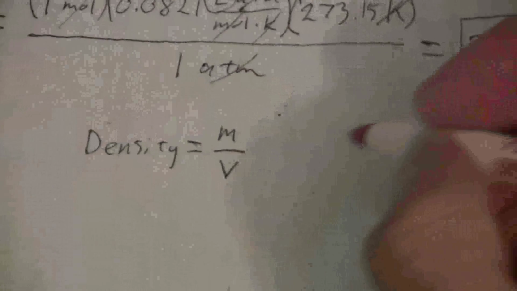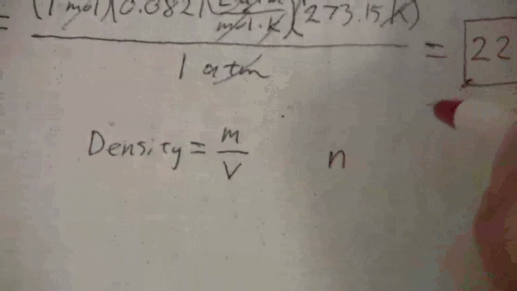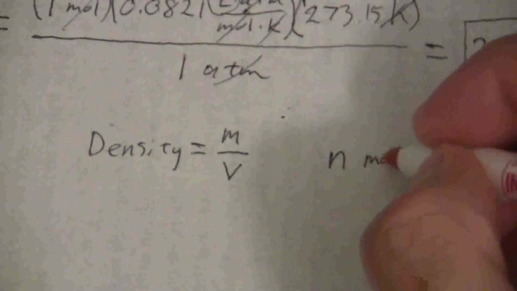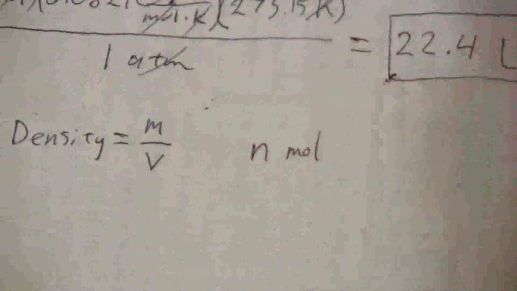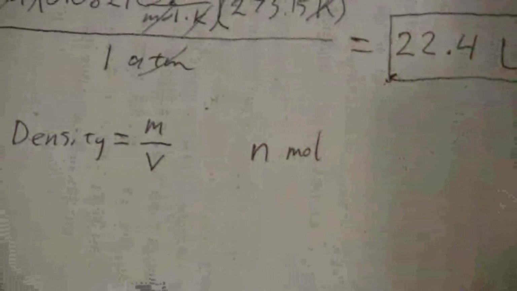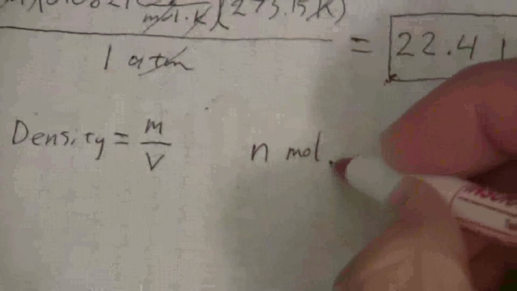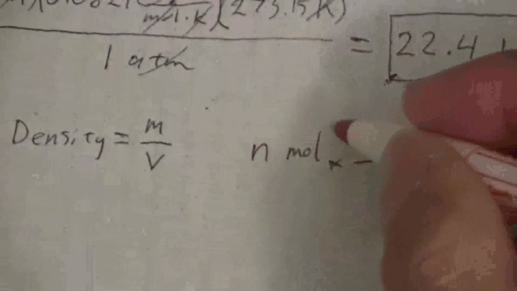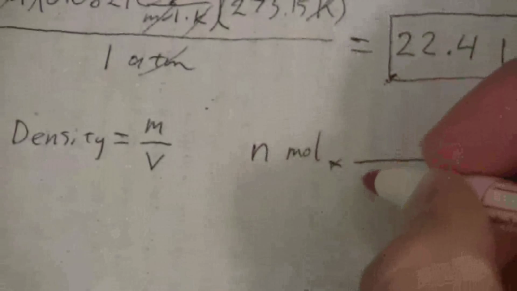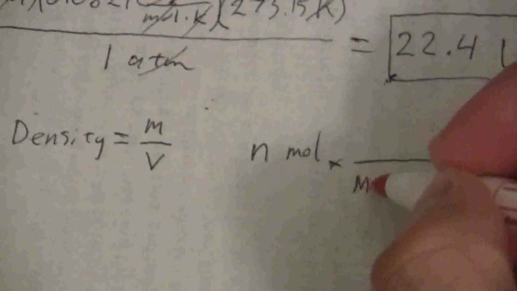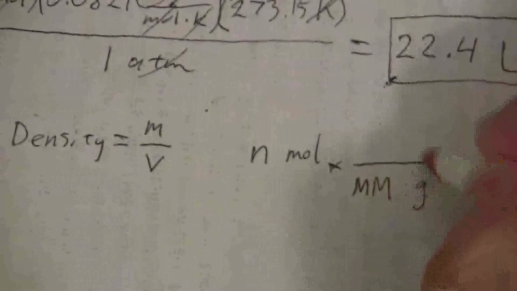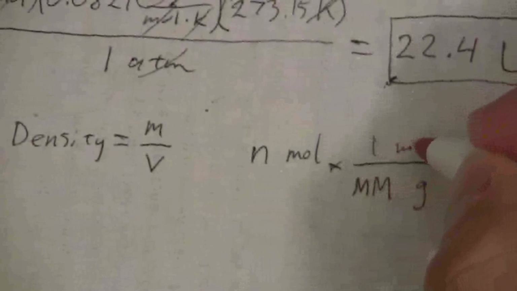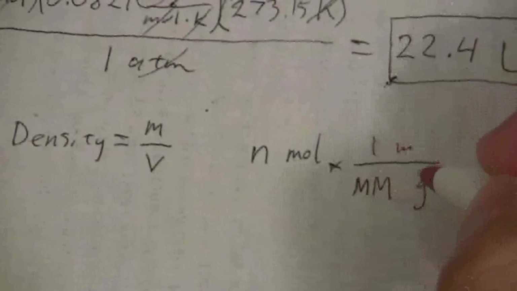If I'm given a certain number of moles, n moles, and I want to convert that to mass, what would I have to do? I take my moles and I divide by the molar mass. So the molar mass would be grams per mole, and I'm sorry, I did this backwards.